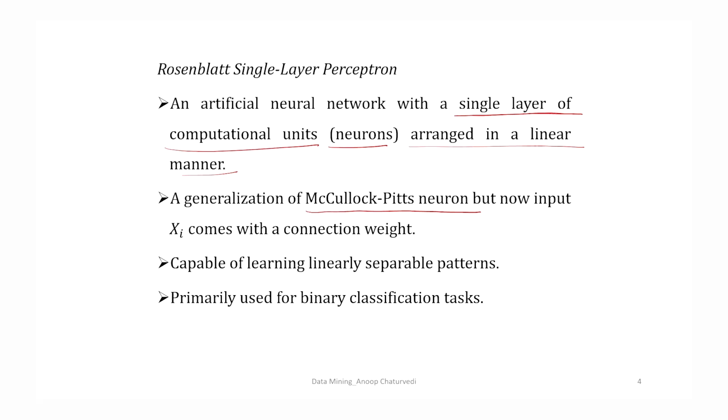We combine the inputs using the connection weights. Then Rosenblatt's single layer perceptron is capable of learning linearly separable patterns. So, if the patterns are linearly separable, then you can use it, and it is primarily used for binary classification tasks. So, if you want to classify the observations into one of the two classes, then you can use it.